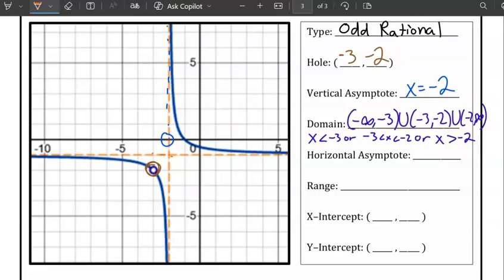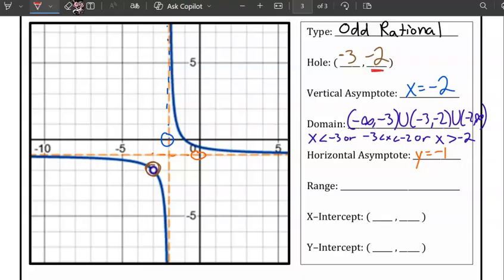For the horizontal asymptote, we have y equals negative 1. For this one, we could clearly see what the range is. It's all real numbers except y cannot equal negative 2 nor negative 1.